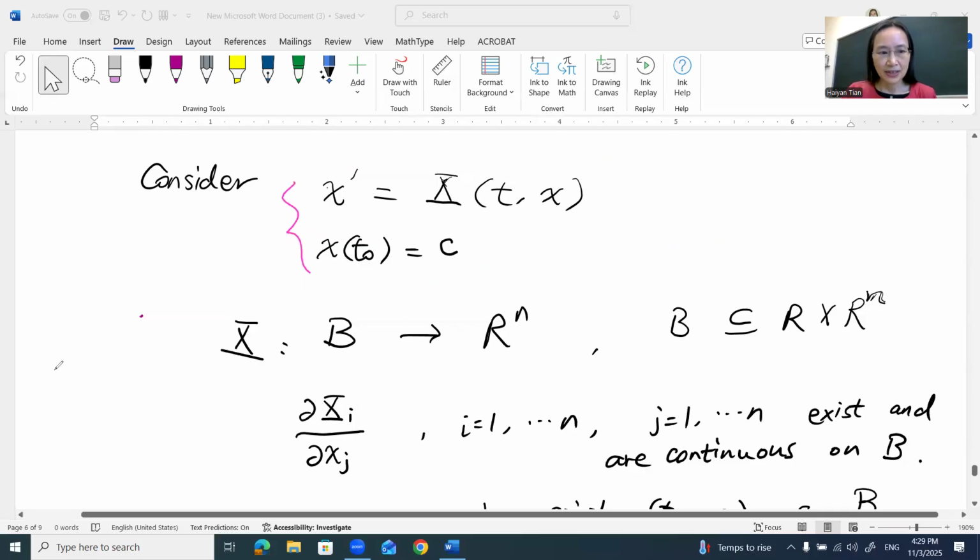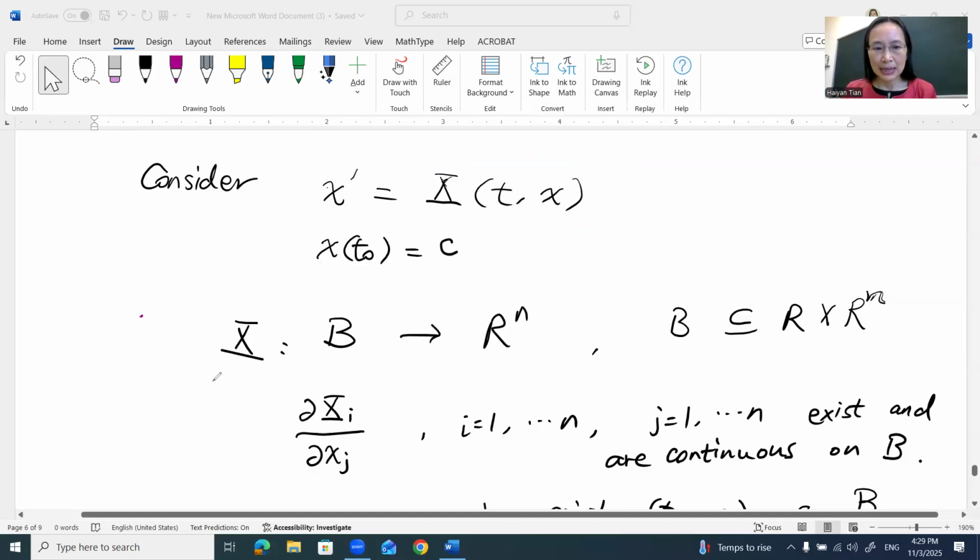So that's the problem under consideration. And the theorem assumes the vector field, which is a very general case, can be a nonlinear differential equation, depending on x.